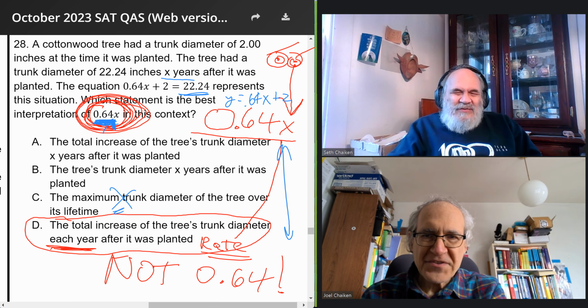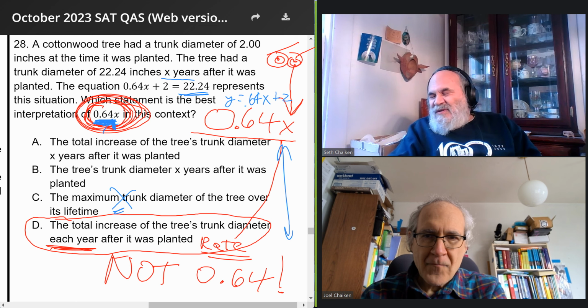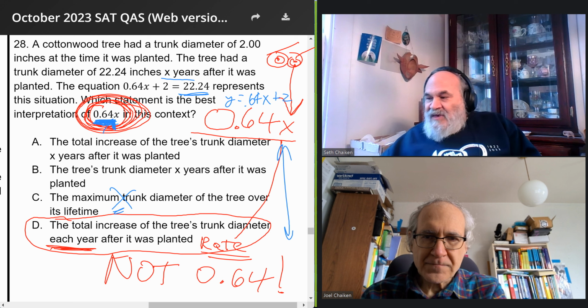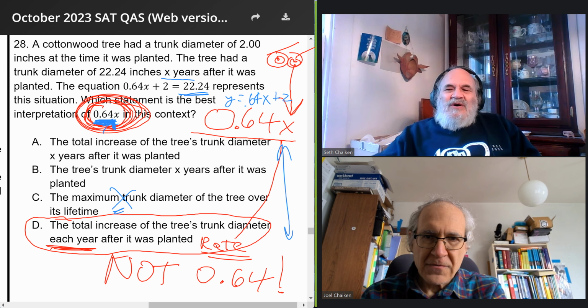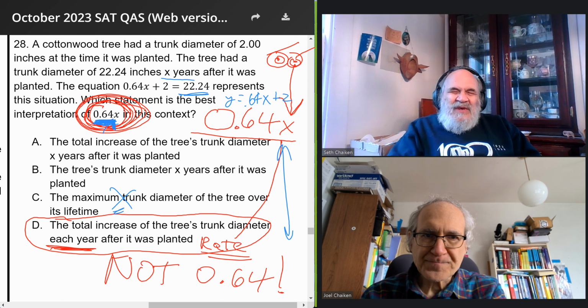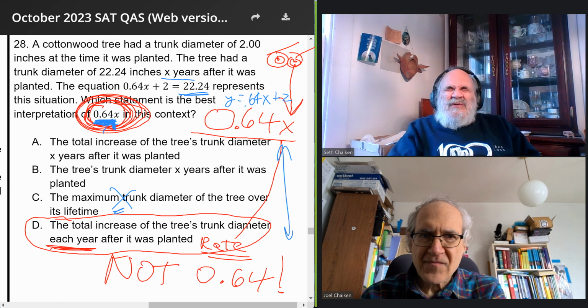Yeah. So even though the data is available to solve for x, that is not what the question is asking for.